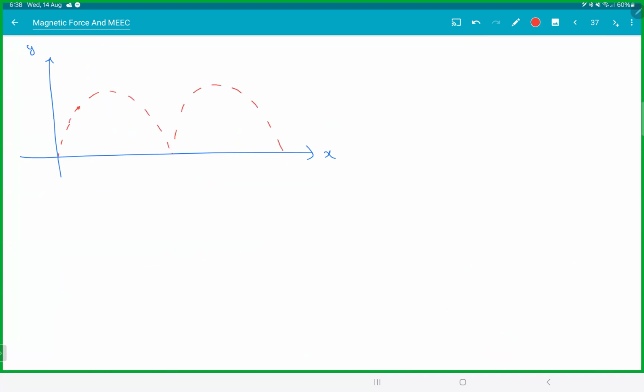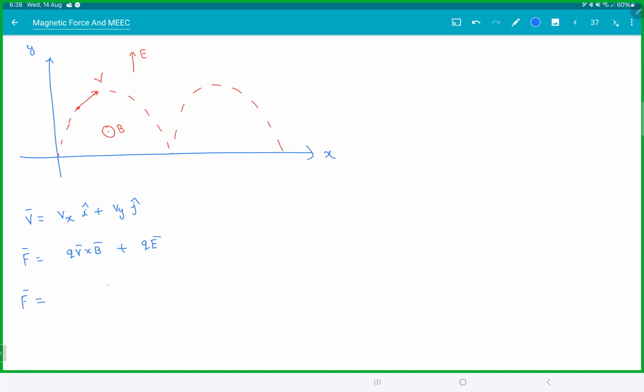So let's say at any instant the velocity is v, in the magnetic field and the electric field. Let the velocity v be vx i cap and vy j cap. If you look at the force here, F would be qv cross B plus qE, the Lorentz force.